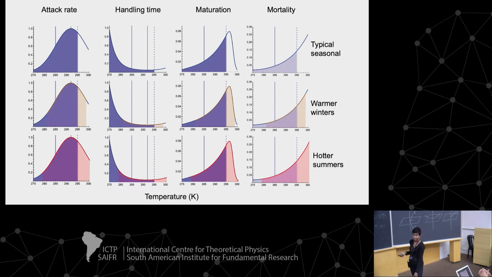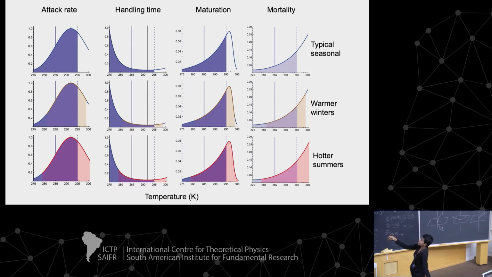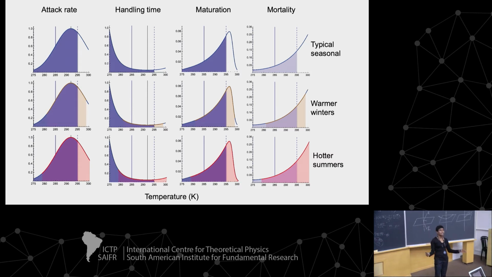Now, what you can see right away is warming reduces the attack rate and increases the handling time, but the strongest effects of warming are seen in the juvenile maturation and mortality functions. You can see that warming leads to a rapid decline in mortality. See now, sorry, this area is what the warming has now sent the species to.